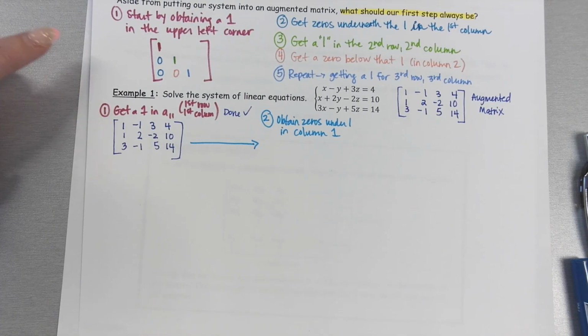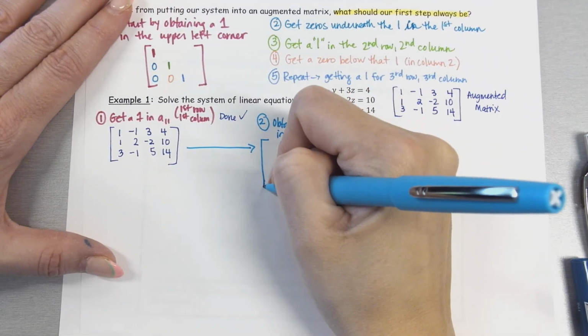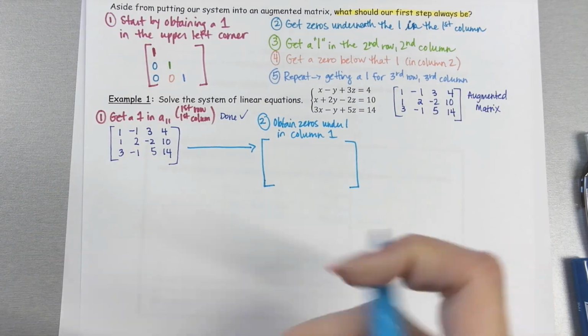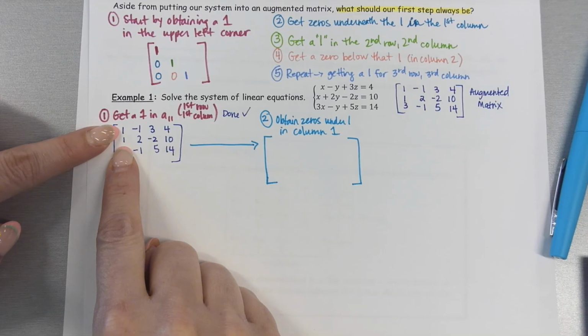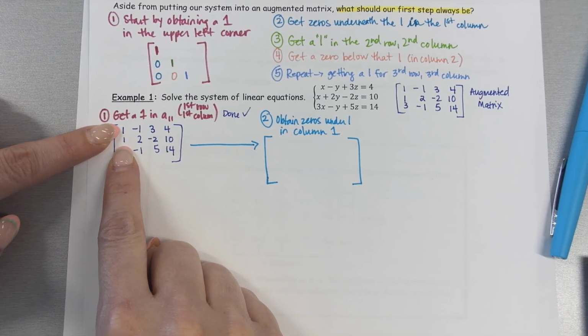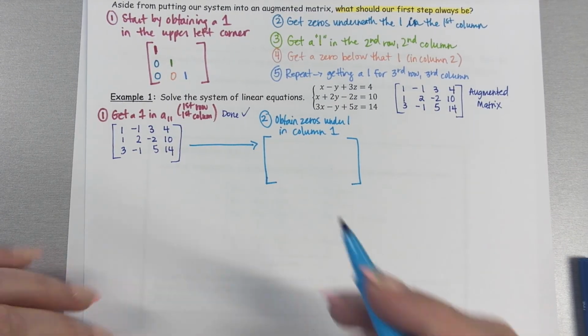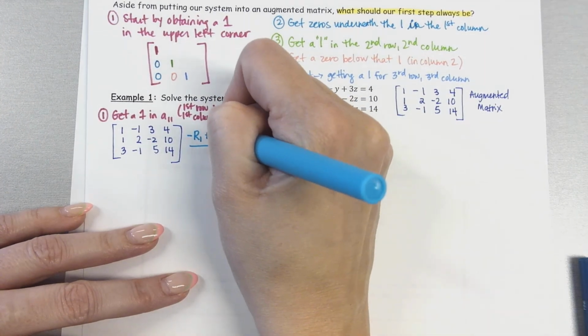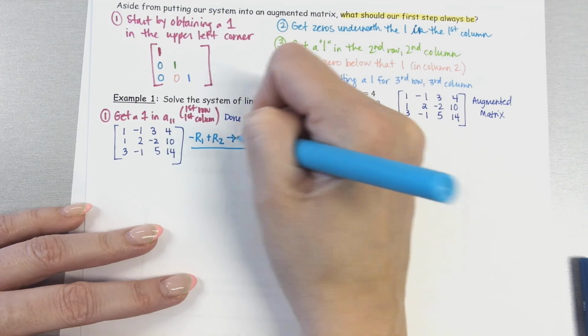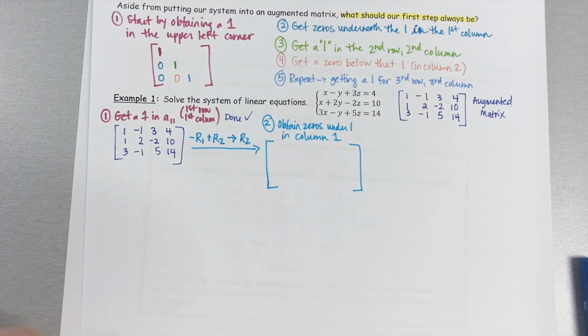This leading 1 here. If this is a 1, you want this to be what number, so that when you add it together, you get 0? What number do we want this to be? -1. Okay, so we can multiply row 1 by a negative, add that to row 2, and put the result in row 2.